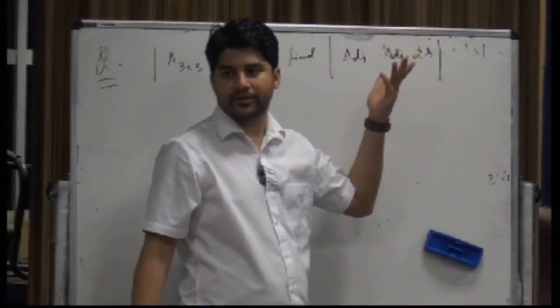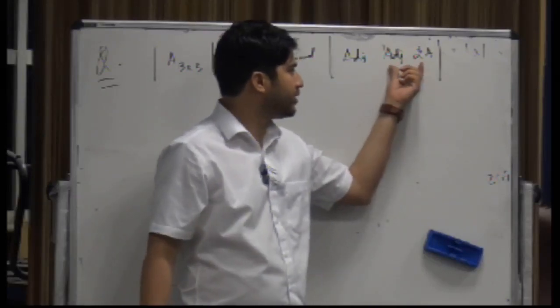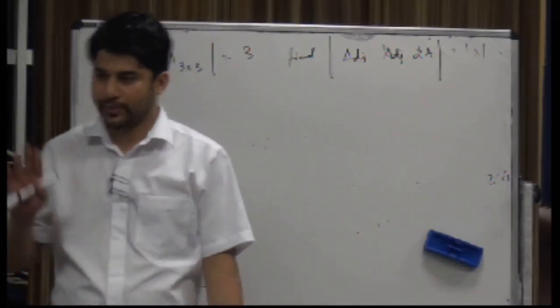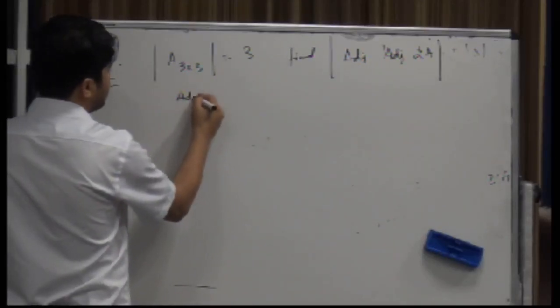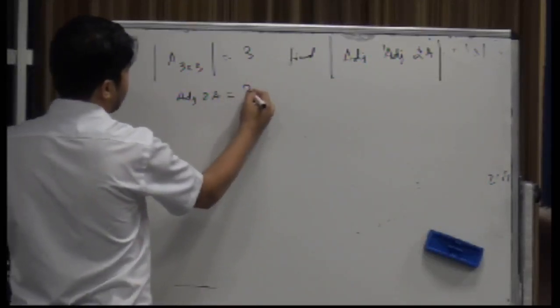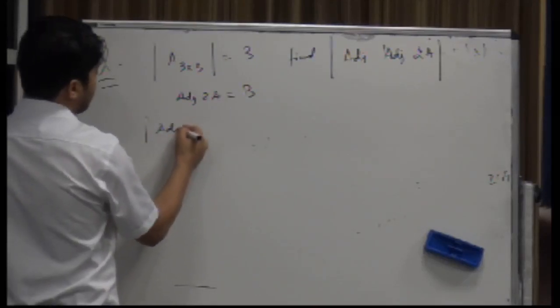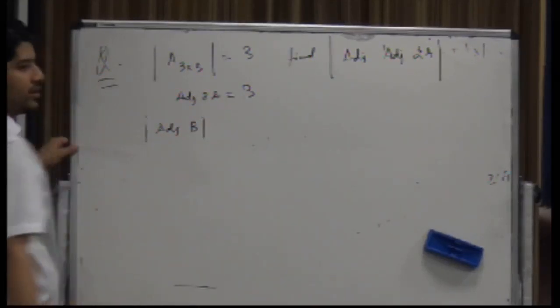Adjoint is nothing but a matrix. So why don't we think of adjoint 2A as matrix B? Then I can say I am considering adjoint 2A as matrix B. So what I have to find is adjoint of B, right?